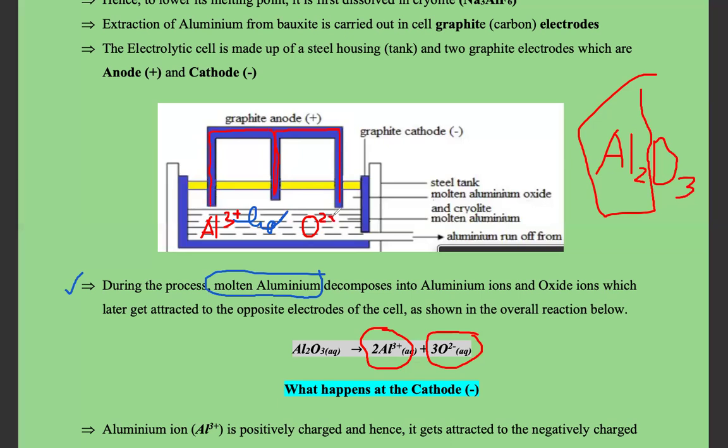So we expect the oxygen, which is negatively charged, to be attracted. We're gonna have a lot of oxygen ions all around the anode. Why? Because the anode is positively charged and the oxygen ions are negatively charged.